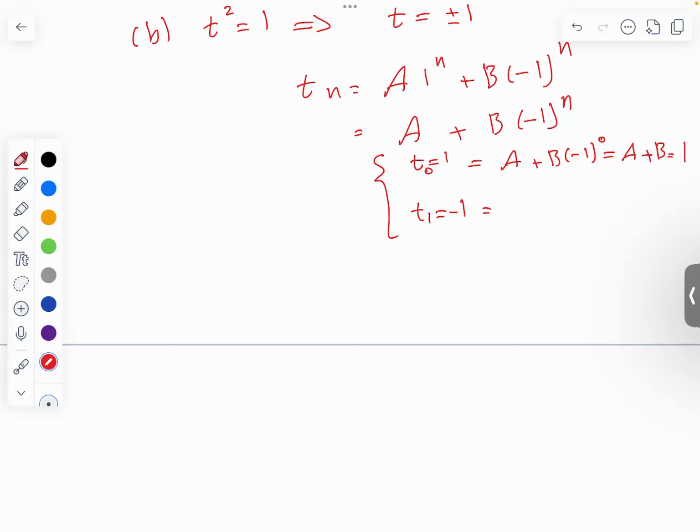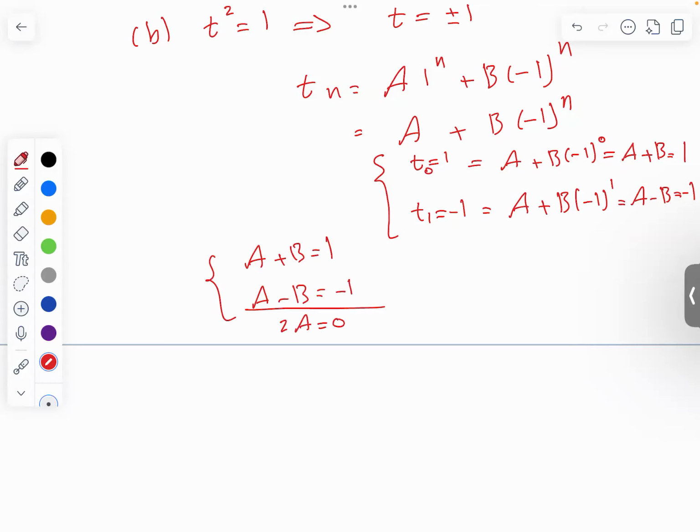Again, A plus B times minus 1 power 1 equals A minus B, equal to minus 1. So again, the elimination method: 2A equals 0, so A equals 0. And since A is equal to 0, B will be 1.